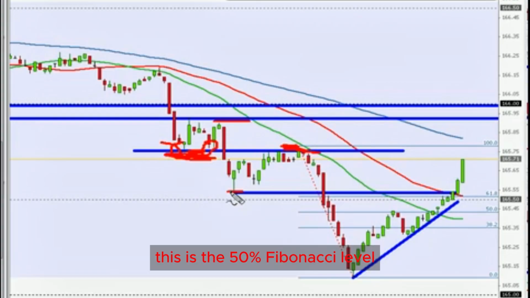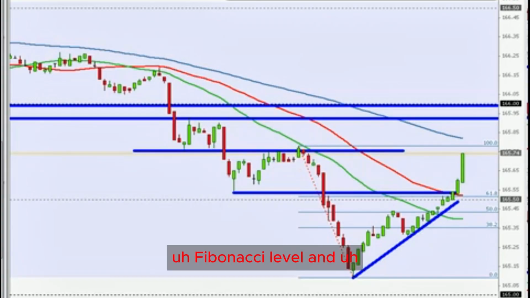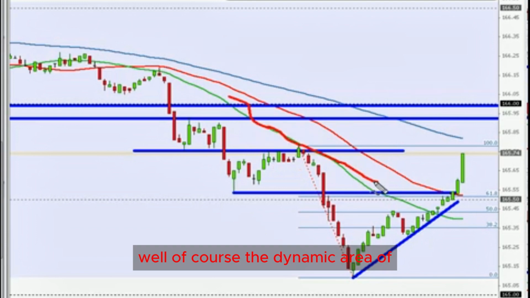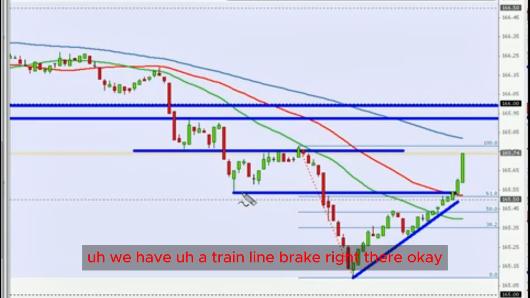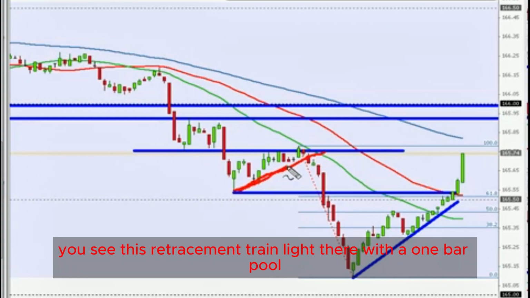Also, this is the 50% Fibonacci level. I've measured it already. And, of course, the dynamic area of resistance, okay? We have a trend line break right there. You see this retracement trend line there with a 1-bar pullback.